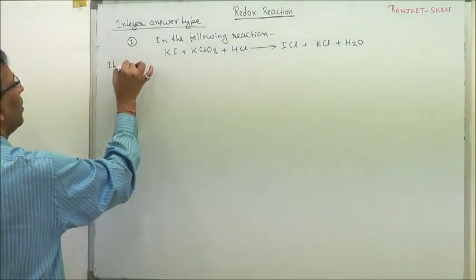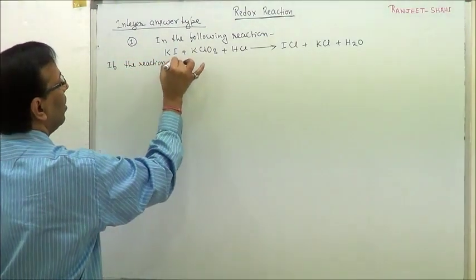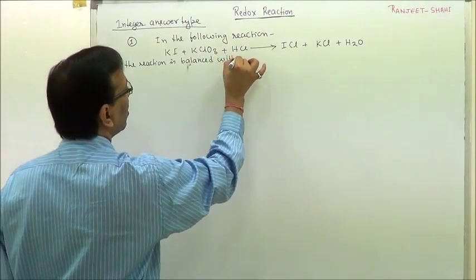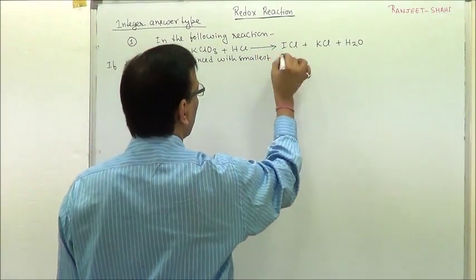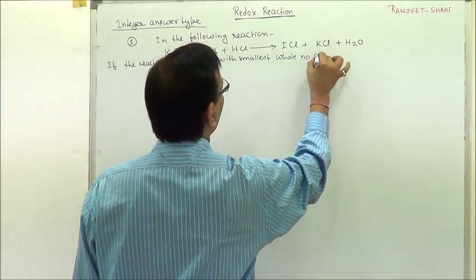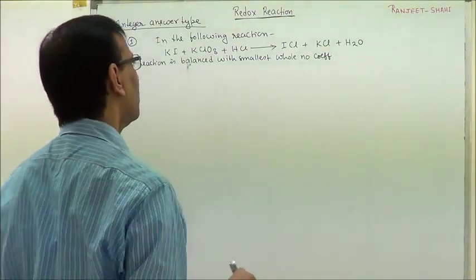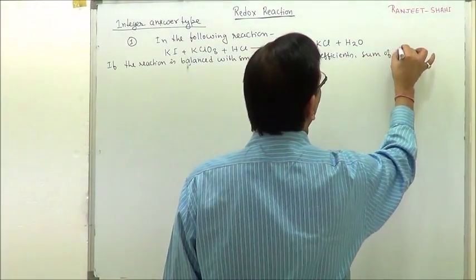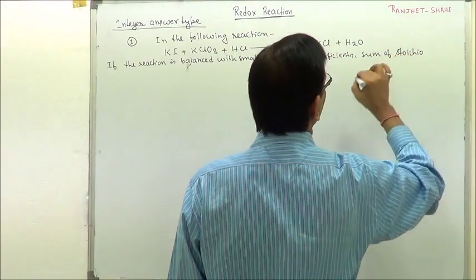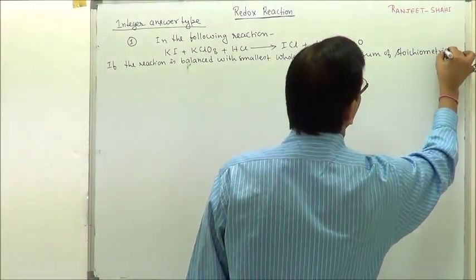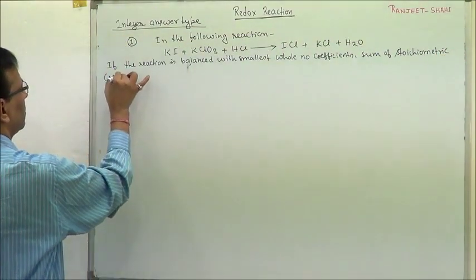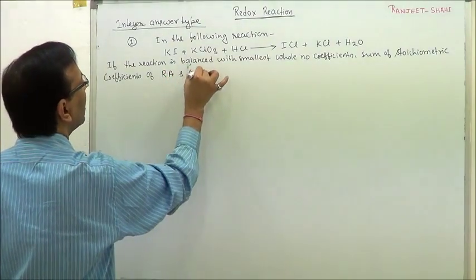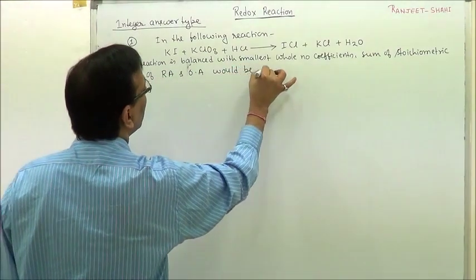If the reaction is balanced with smallest whole number coefficients, the sum of stoichiometric coefficients of reducing agent and oxidizing agent would be what?